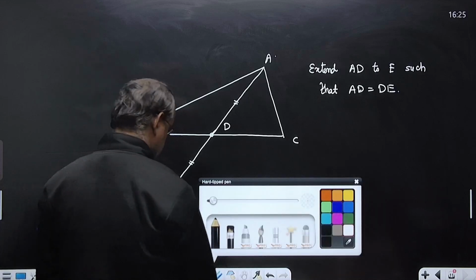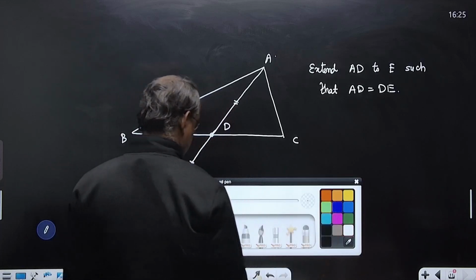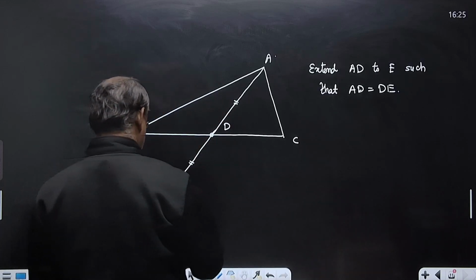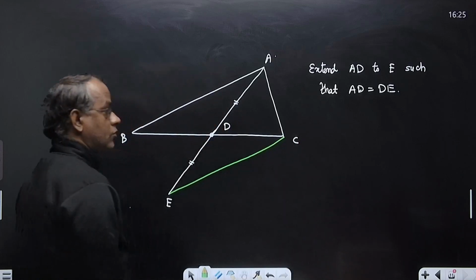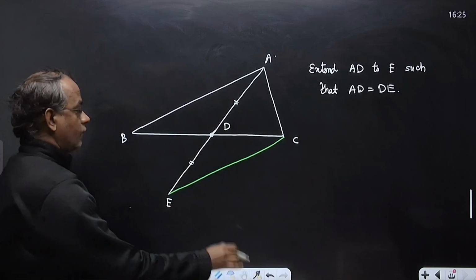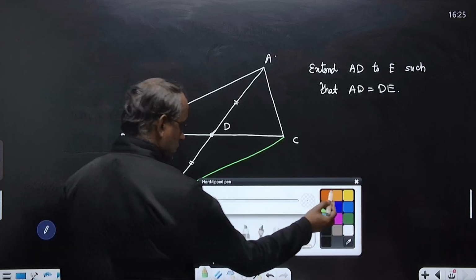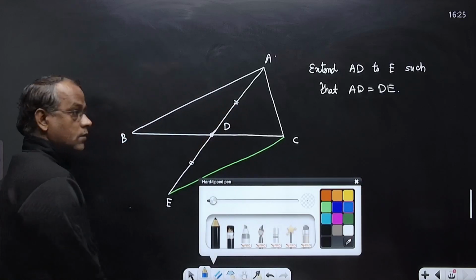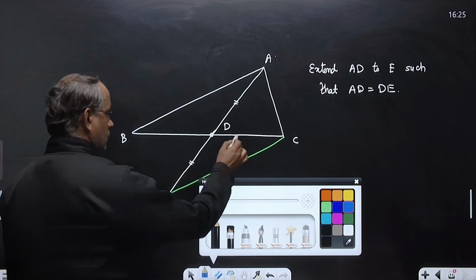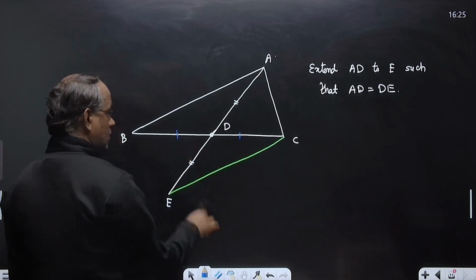now suppose I join this. Now look at it very carefully. See, this is the median, so these two are equal.